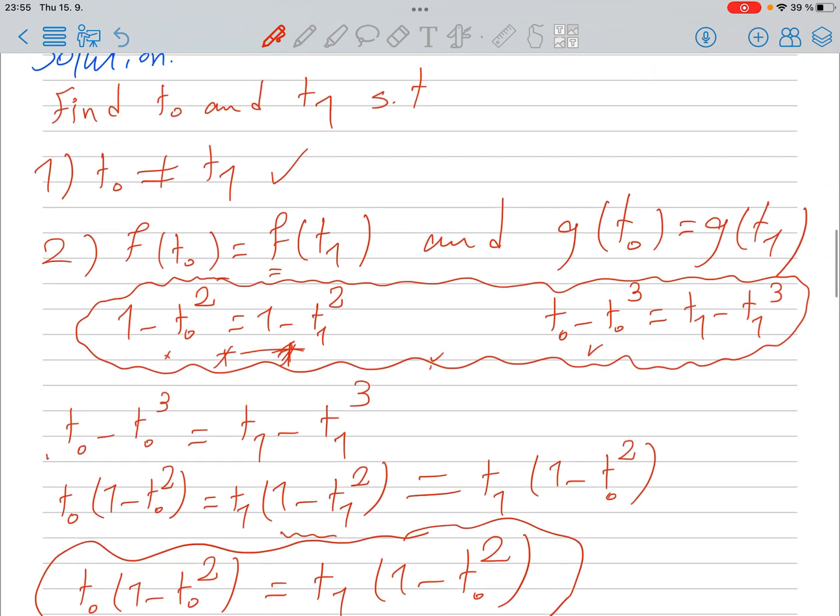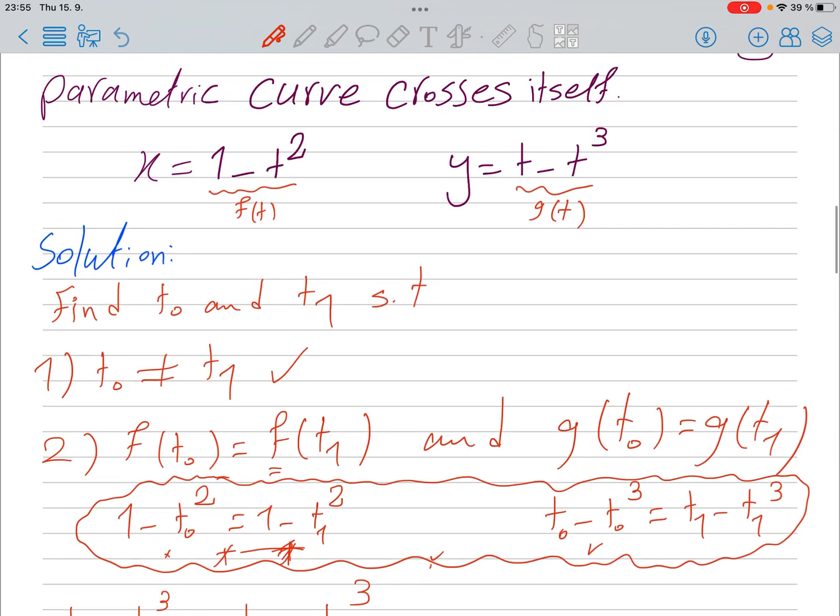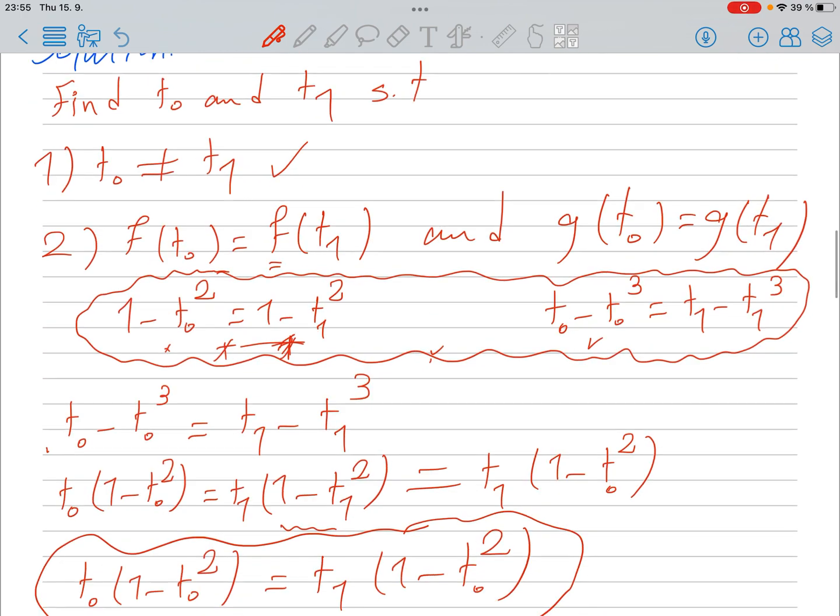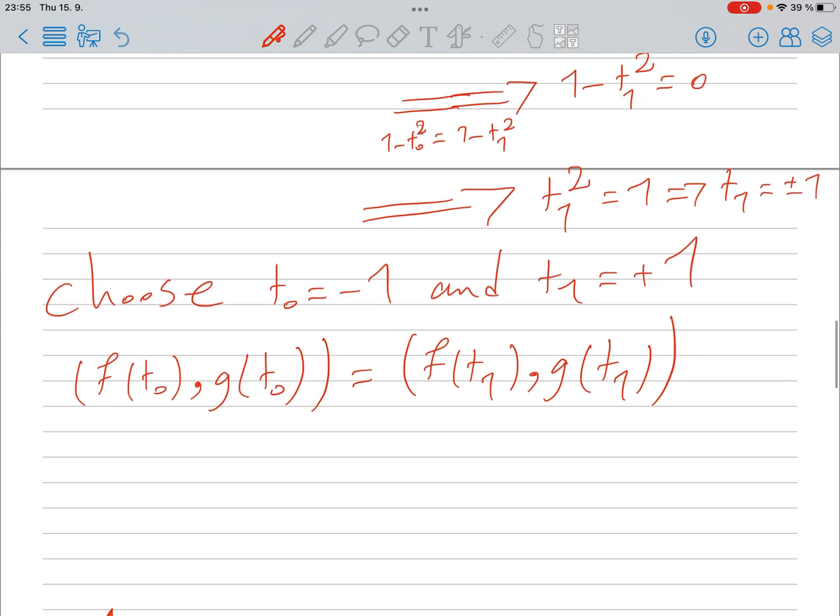Just substitute t0 and t1, and what you get is 0 and 0, right?